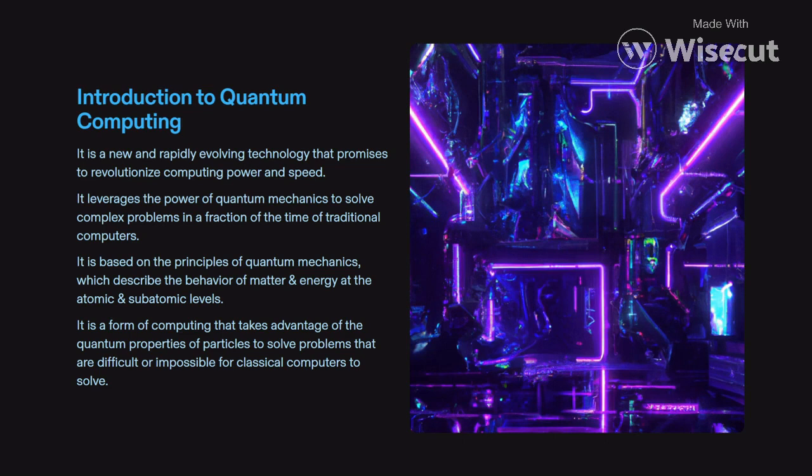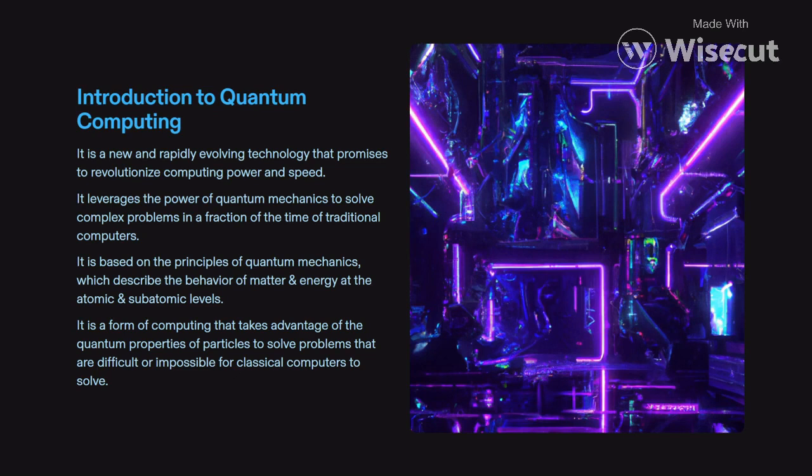Quantum mechanics is the behavior of matter and energy at the atomic and subatomic level, and that is used to perform these calculations. It takes advantage of quantum properties, like particles being present in two different states simultaneously, like the 1 or 0 of bits.